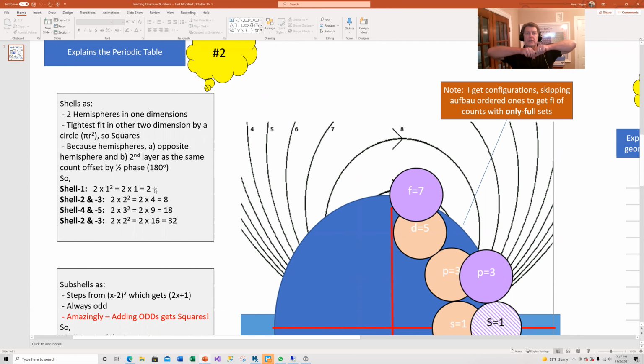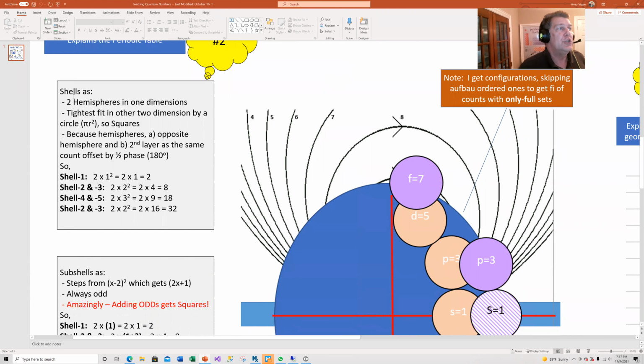Nucleus and electrons and all subatomic particles have an axis. They have this from 3 different forces. Now, that means that you get this interesting logic. The shells are 2 hemispheres in 1 dimension, but then the tightest fit has to be in that other dimension.